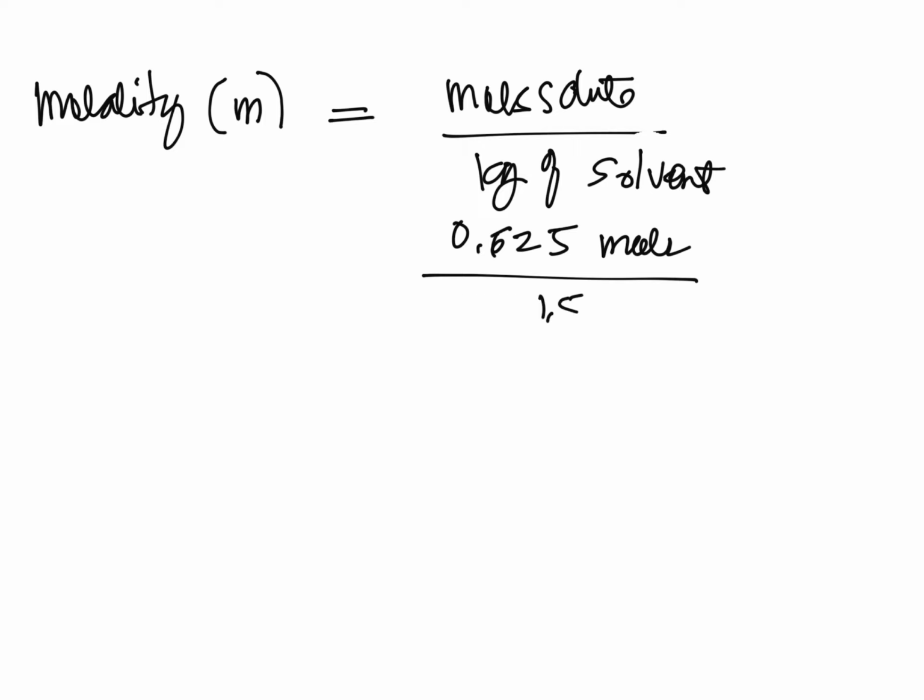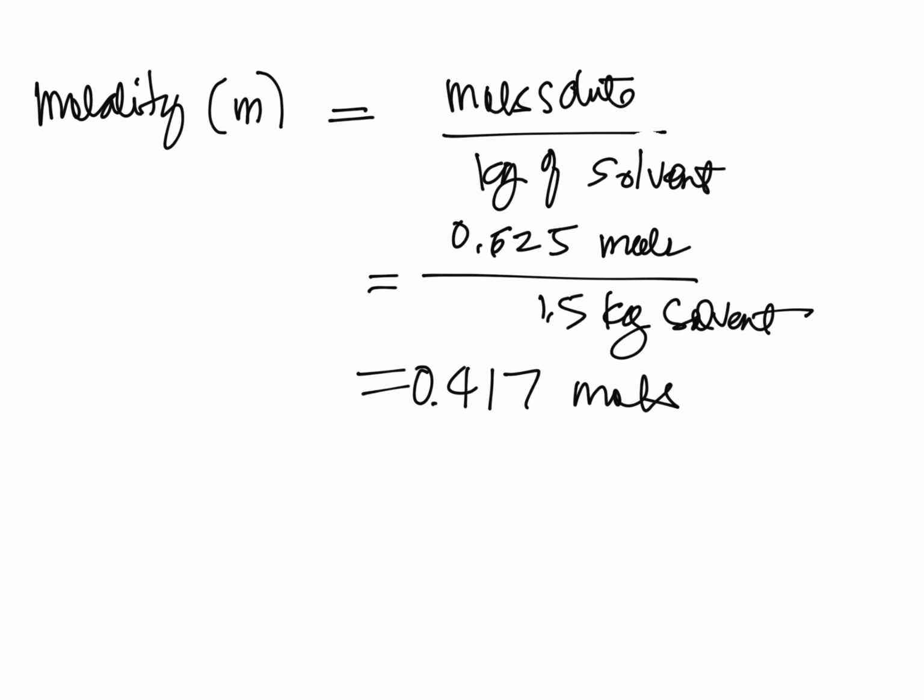All right, so 1.5 kilogram solvent. In that case, the answer for this is 0.625 divided by 1.5. That is 0.417. It is moles per kilogram is the unit of measurement.